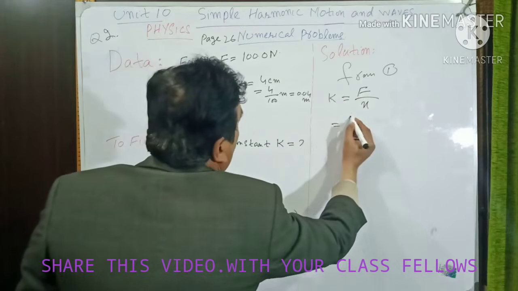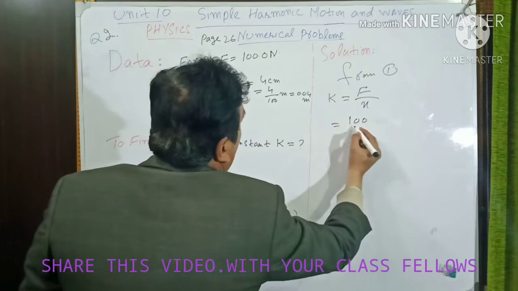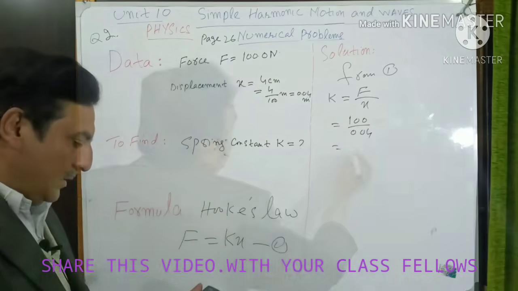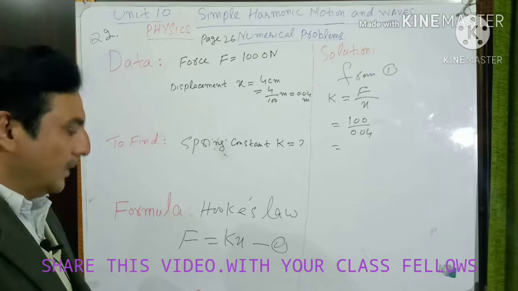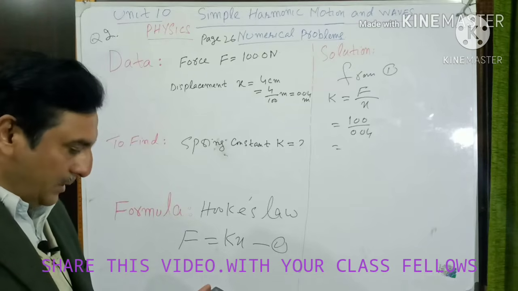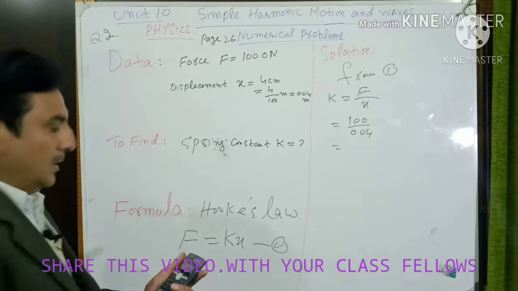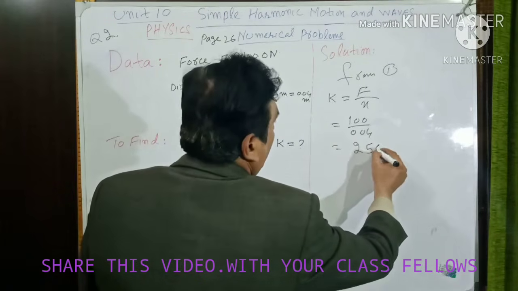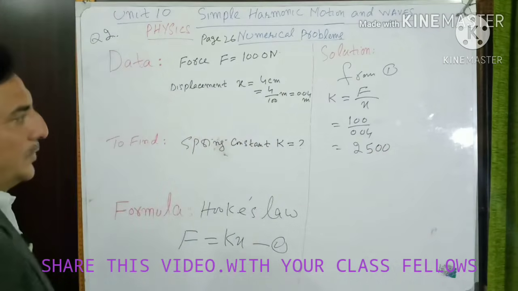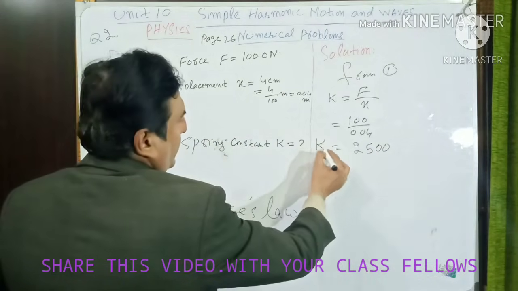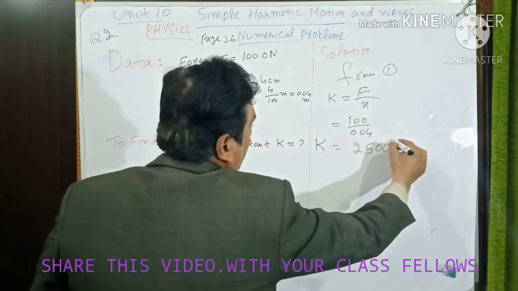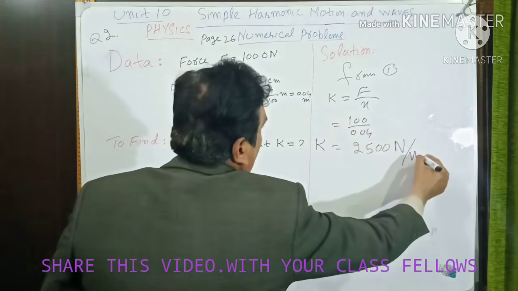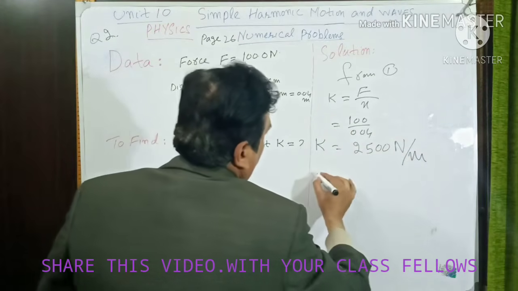The value of F is 100 and x is 0.04. 100 divided by 0.04 is 2500. Unit of spring constant is force Newton and displacement meter. This is our required answer.